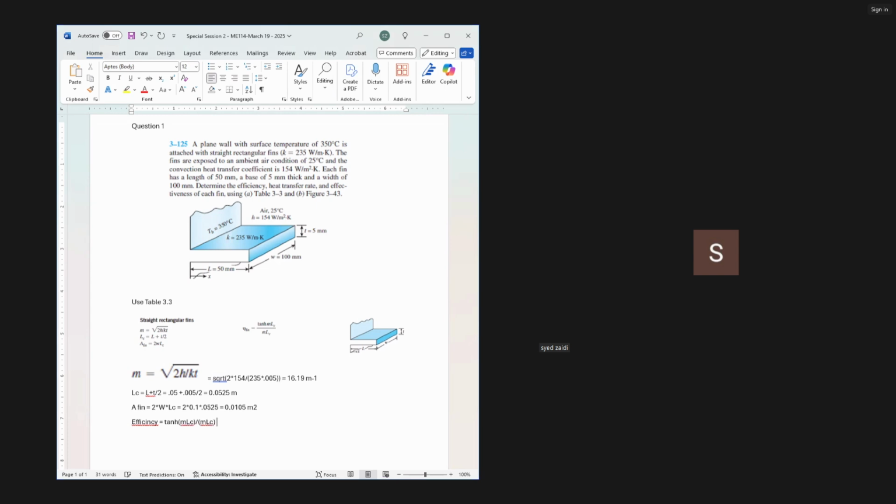So go to your calculator and make sure that you have LC and you have M. Remember that you cannot cancel M by M or LC by LC, because in the numerator you have the tangent hyperbolic of that value. So take the tangent hyperbolic of that value and then divide by this product. So please do that.